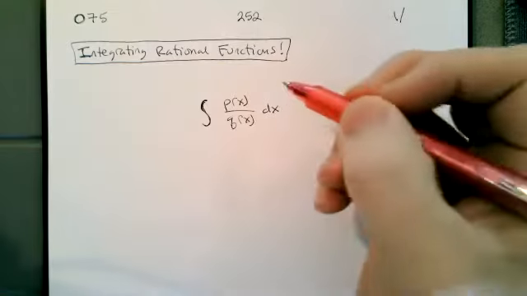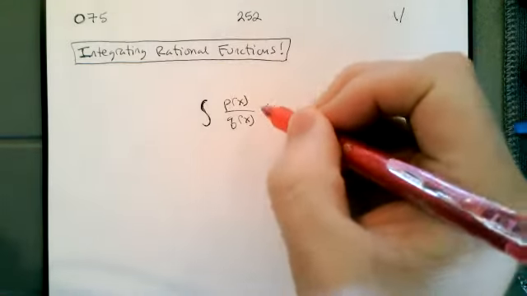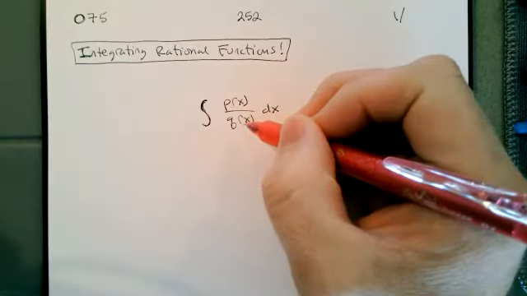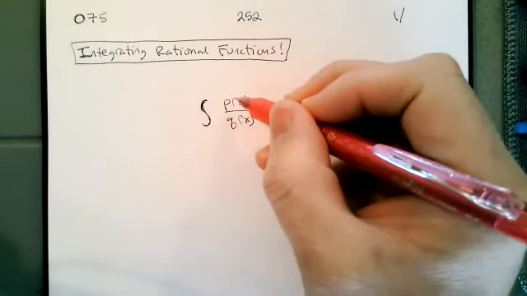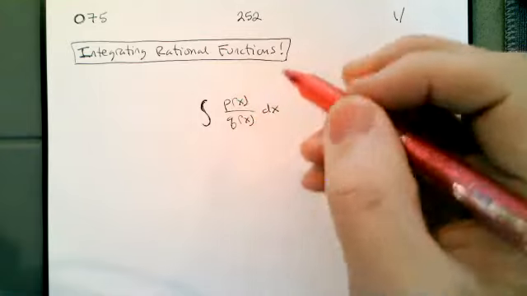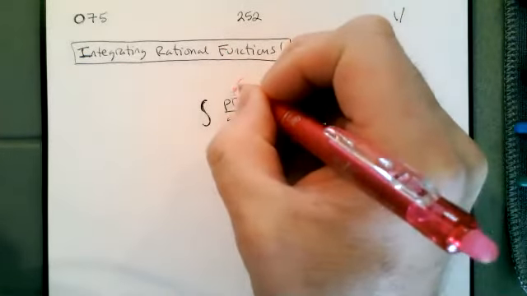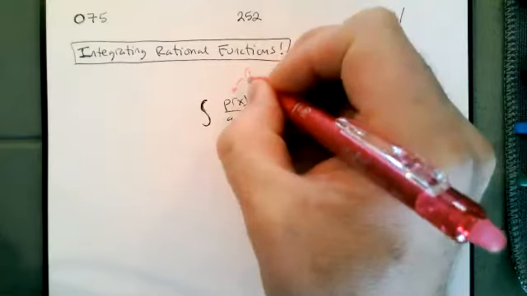The first thing that we look at is the degree of the numerator and the degree of the denominator. What we want is the degree of the numerator to be less than that of the denominator. So this is our first stop.